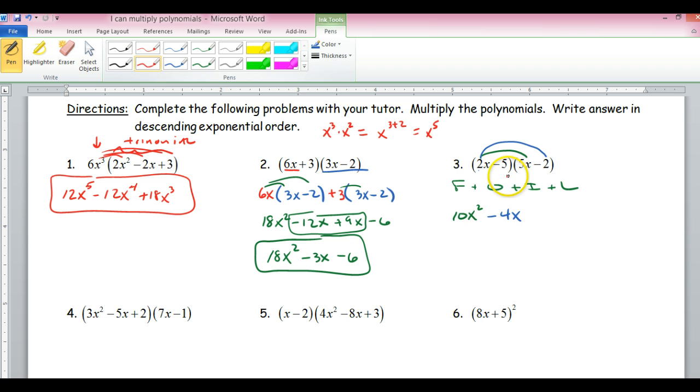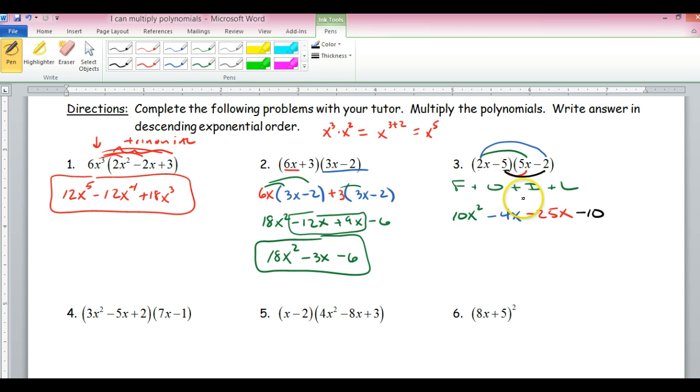Your inner terms, negative 5 times 5x, give you negative 25x. Your last terms are the last term in each binomial, 5 and negative 2, which gives you negative 10, so we subtract that term.